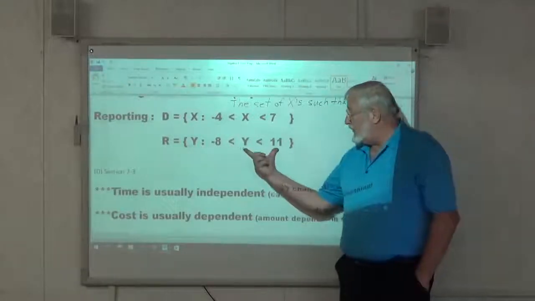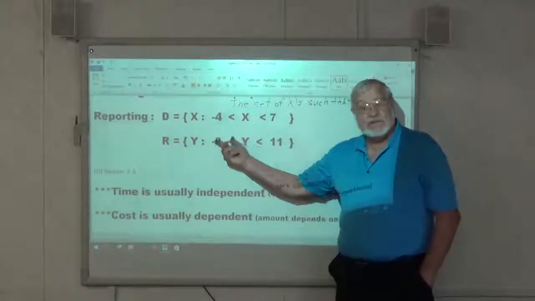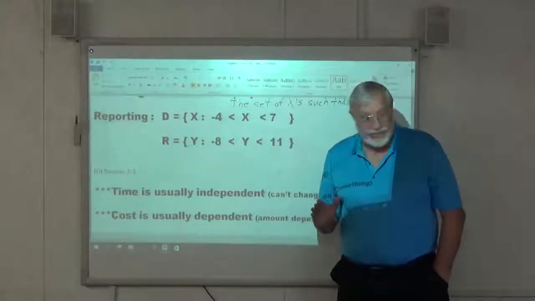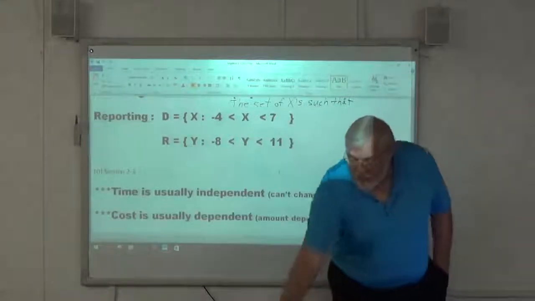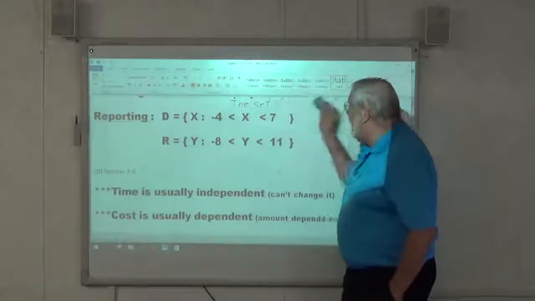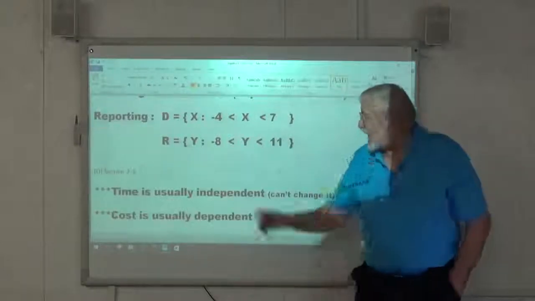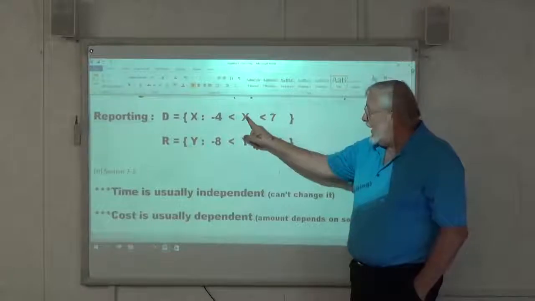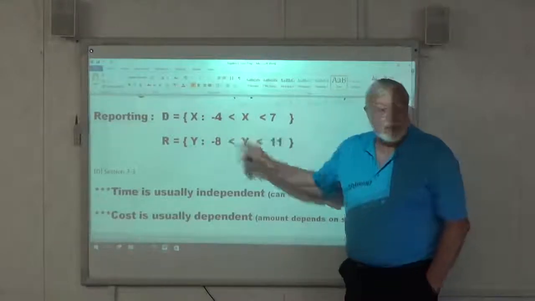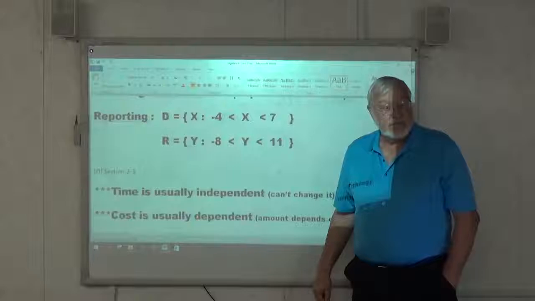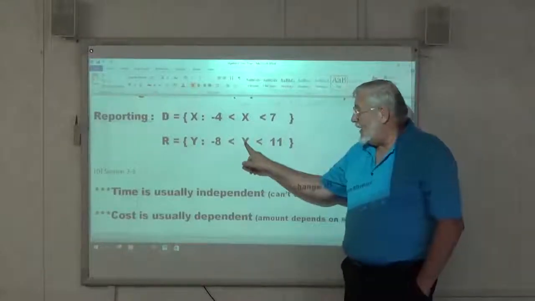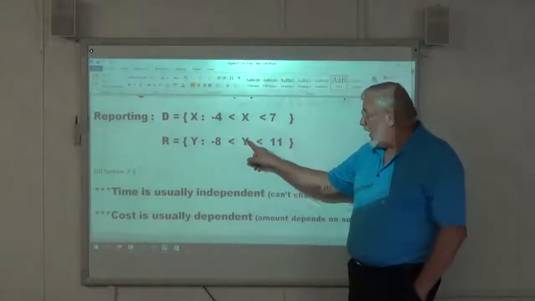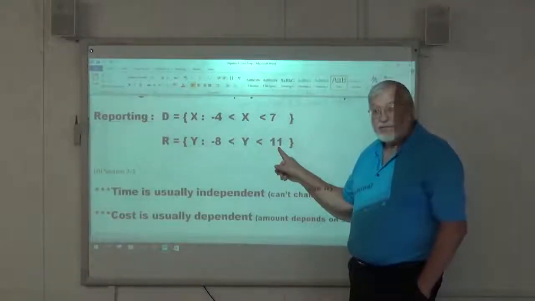Because this is a dual inequality, it's read from the center. Now, what does the center say in this top one? The center says x is smaller than 7, x is greater than -4. Y is greater than -8, y is less than 11.